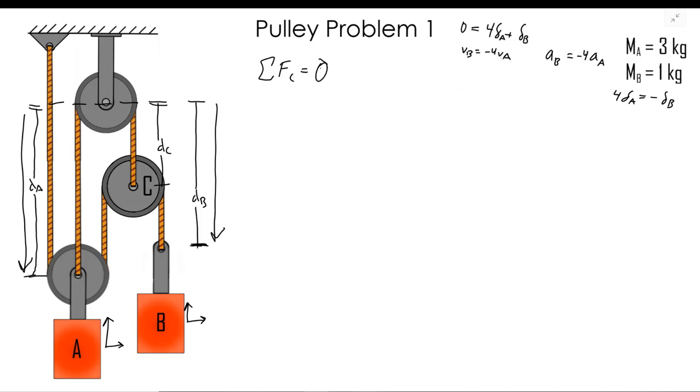Keep in mind, whenever we're doing these pulley problems, the mass of the pulley is 0, and the mass of the rope is 0. So those are always negligible. These are going to be much thicker objects in the end, and I understand that I drew some ginormous pulleys, but that's more for drawing purposes, so you can see it a little bit better.